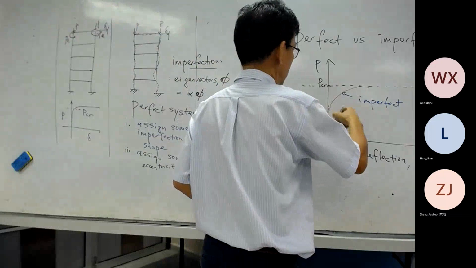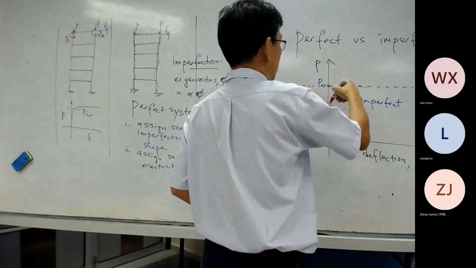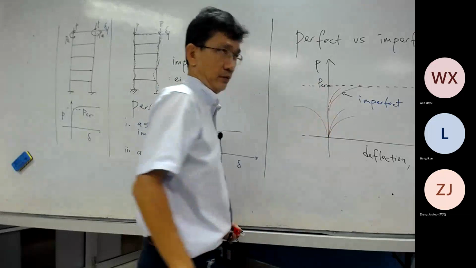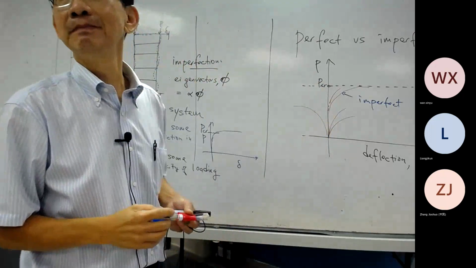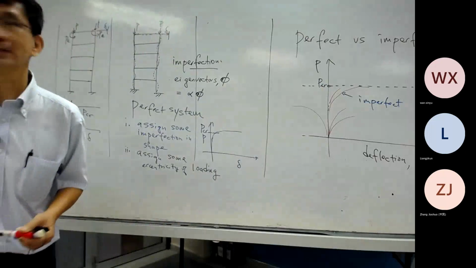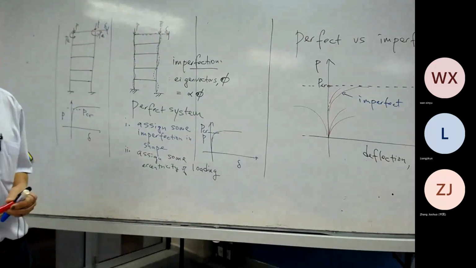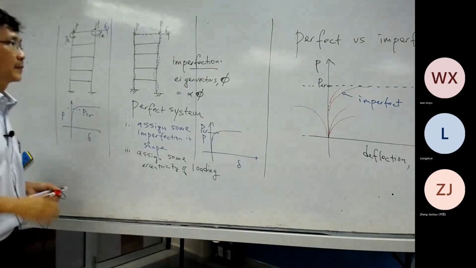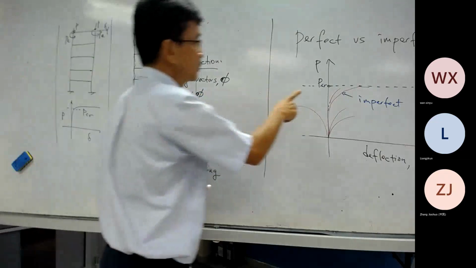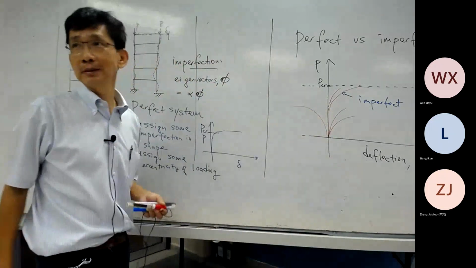Is it here, here, here? Where is that line that I should draw here for the perfect?